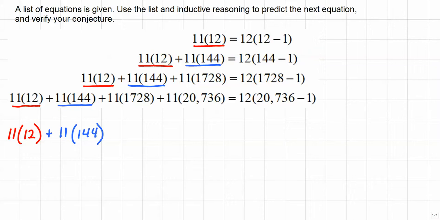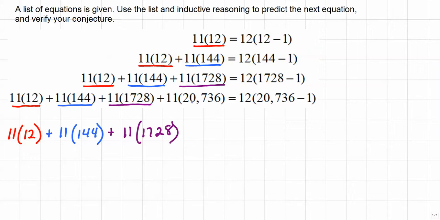Then we look and we see this next term, 11 times 1728, and that occurs in the next subsequent equation, so we can assume that it will occur in this following equation, the fifth equation that we're trying to create.